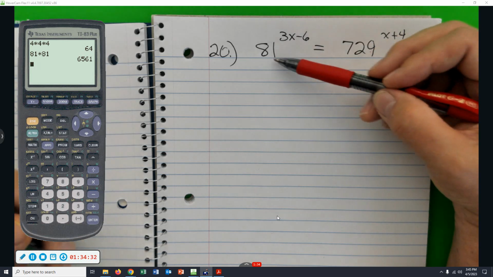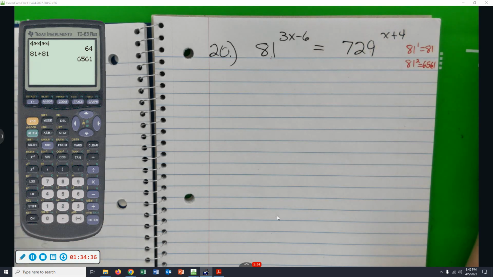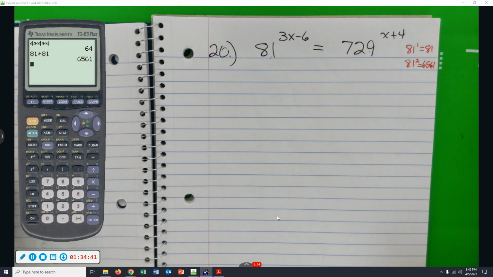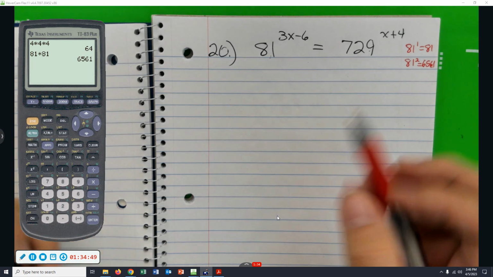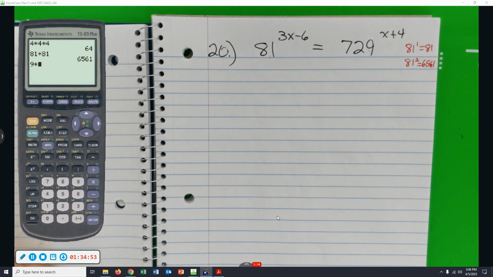So let's go to the small base and write 81 using exponents. If I were going to try to write 81 using exponents, how could I do that? 9 squared. Okay. What about 729? Play around on your calculator. 9 times 9 is 81.